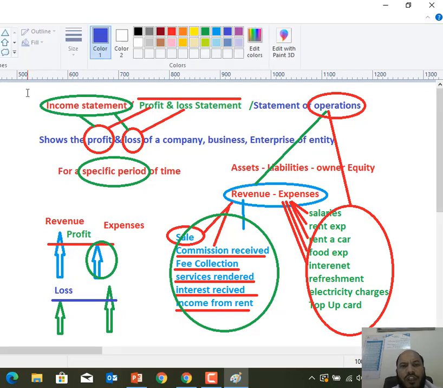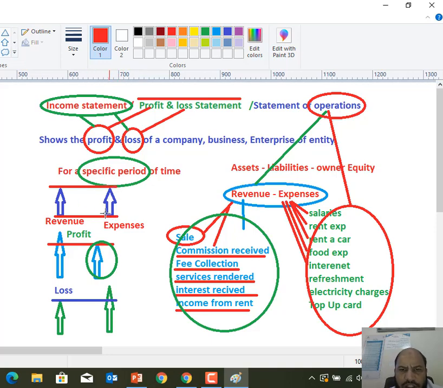And if both the revenue and the expenses are in the same condition, at the same level, see, this is our revenue and this is our expenses. Both of them are the same.